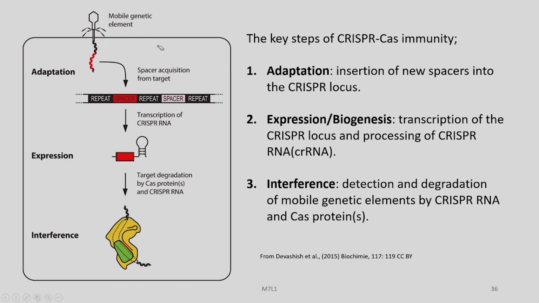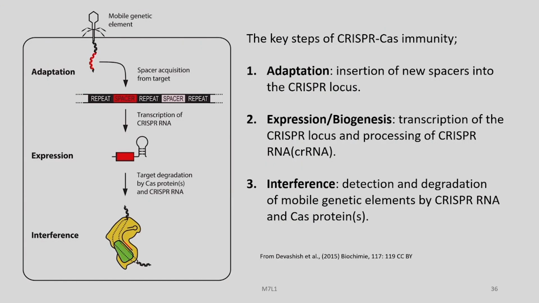The key steps are the adaptation stage, the second step is the expression and biogenesis stage, and the third is the interference stage. In the adaptation stage, there is the insertion of new spacers into the CRISPR loci, and we have discussed how Cas1, Cas2 and Csn2, along with Cas9 in the CRISPR-Cas9 system, do that.